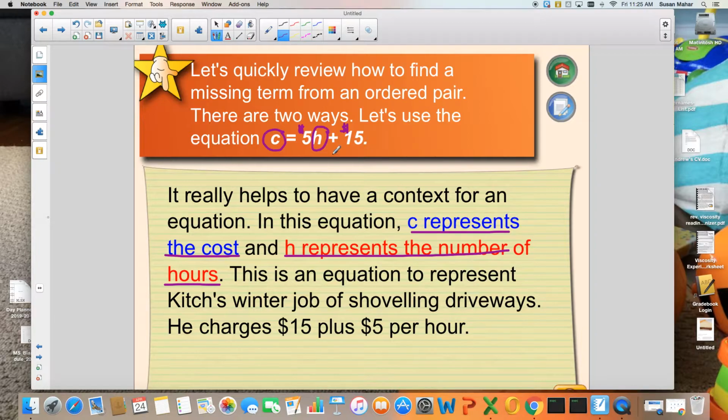Maybe it's a 1 hour driveway, maybe it's a 5 hour driveway. The cost of that depends on how many hours it takes Kitch to shovel the driveway. So keep that in mind. Dependent variable, independent variable. I'm not always going to use X's and Y's for you.